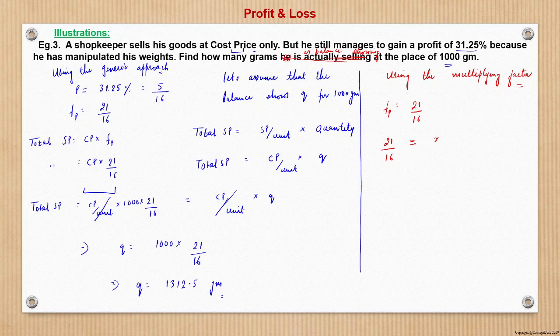So let us suppose the balance shows X weight for 1,000 gram of actual weight. From here we can find easily X is equal to 21 by 16 into 1,000, which is nothing but 1312.5 gram. And this is nothing but 31.25 basically. So this is the direct answer.